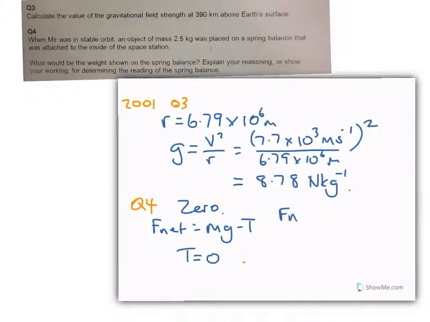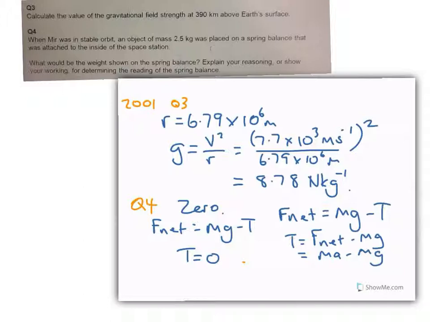So F net equals mg take away T. T will be equal to F net minus mg. The net force is ma, and in this case the acceleration it's experiencing from the net force will be equal to gravity.